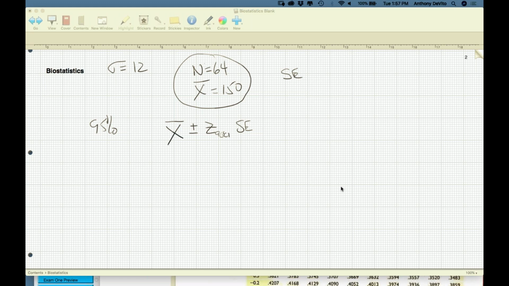Confidence interval is going to be 2 numbers, a lower range and an upper range.